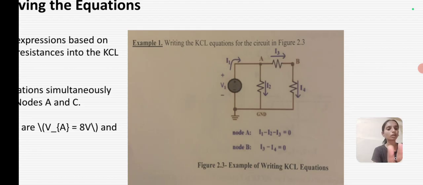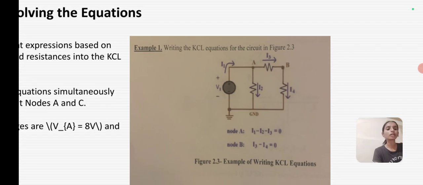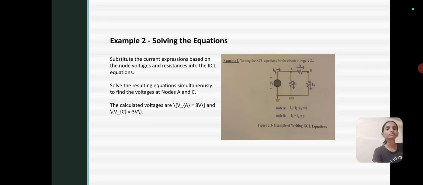In ground we don't have any voltage, there we will be having 0. And in node A, I1 minus I2 minus I3, which is equal to 0. In node B, I3 minus I4, which is equal to 0. This is an example of writing a KVL equation.